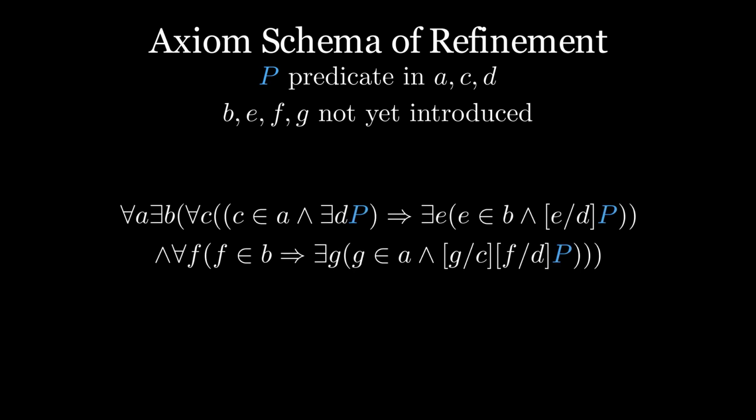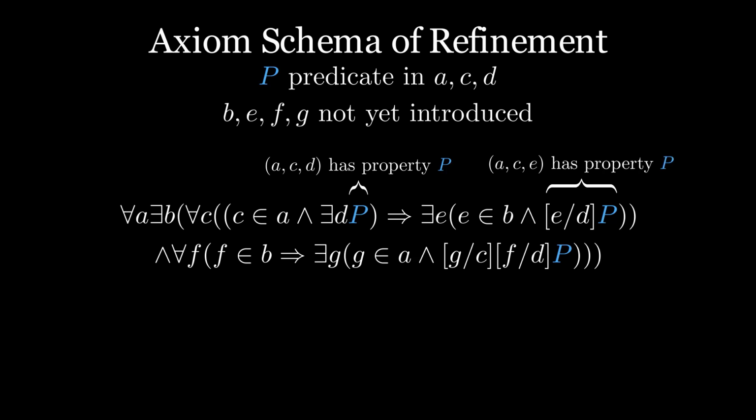We get an axiom for every such predicate P. Before I unpack it, let's note that this P is a predicate in A, C, and D. So this is the statement that the trio A, C, D, in that order, has the property P. Here, we replace D with E, so this is the statement that the trio A, C, E has the property P. And here, we replace C with G and D with F, so this is the statement that the trio A, G, F has the property P.